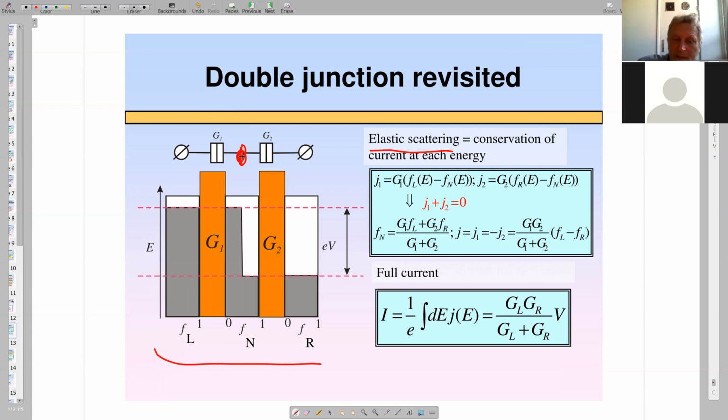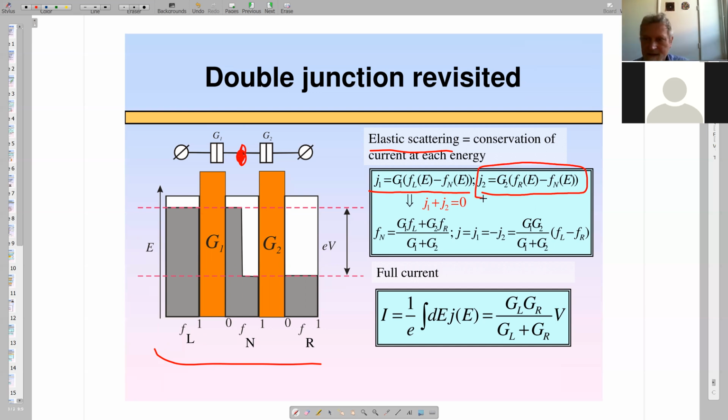Right. Let me compute the current through the first junction. I will utilize the Landauer formula. So there will be a difference of filling factors at each energy. Let me take the current through the second junction.